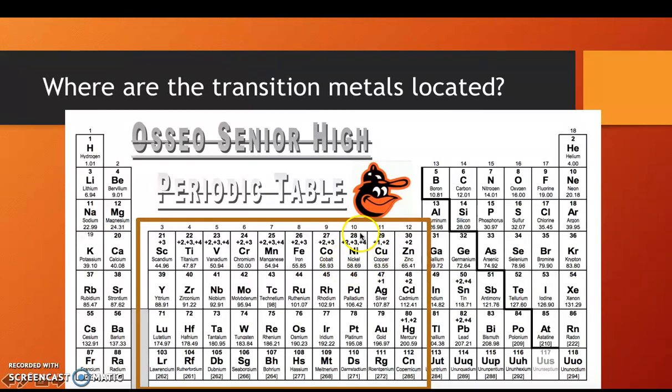If we look at nickel, for example, nickel can have a +2, a +3, or a +4 charge. This is different than the ones we've been talking about up to this point, like this first column. They can only take on a +1 charge, or the second column can only take on a +2 charge. Notice too that there are some that don't have any charges listed. We're not going to use those, so you don't have to worry about them.